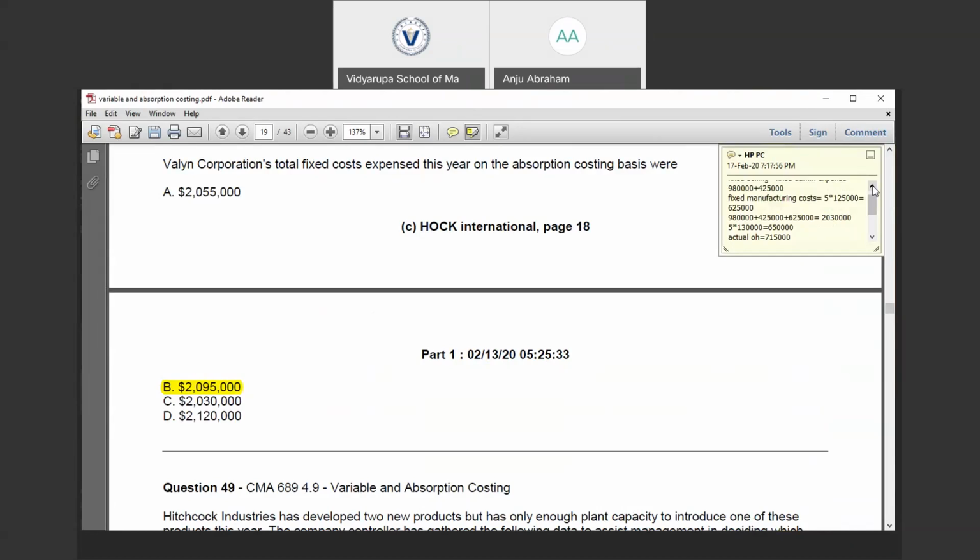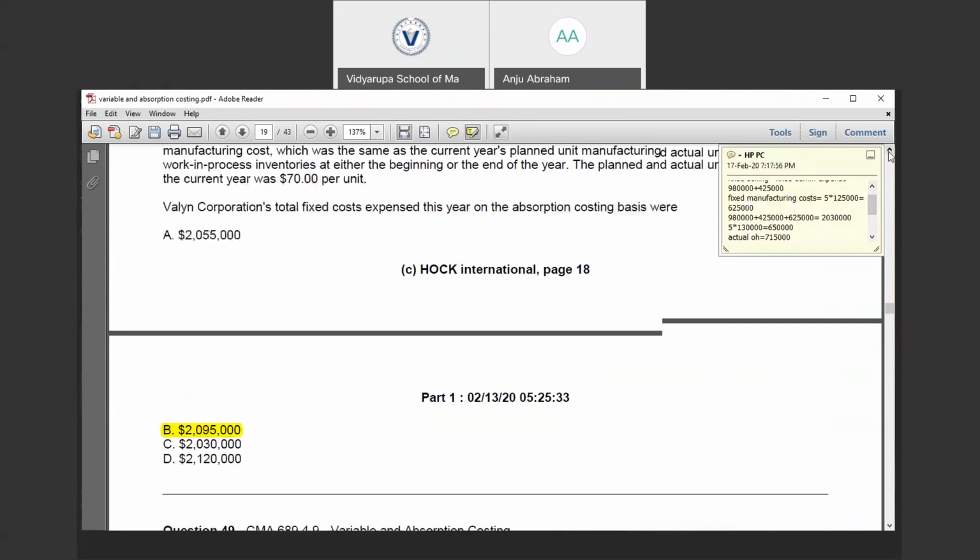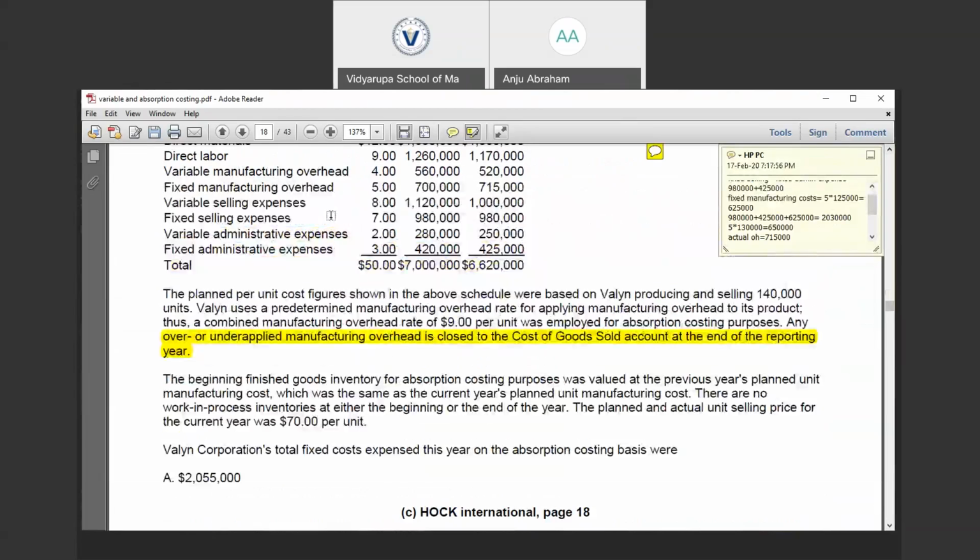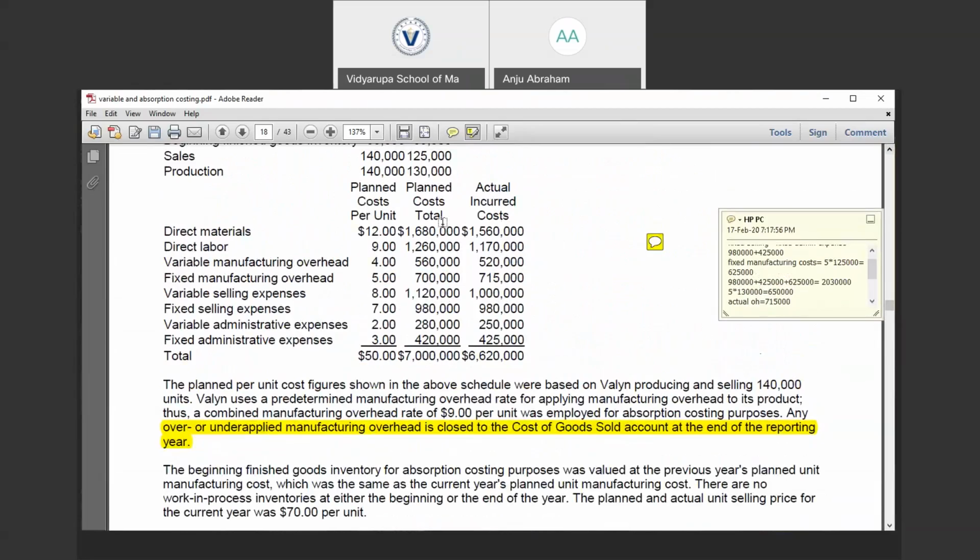So for that reason, we will be using a predetermined overhead rate to apply to the production. That predetermined overhead rate is given in our question as 5. Look, this unit variable cost is provided to us based on this planned activity level of 140,000 units. So we are given a predetermined overhead rate of 5. In this, the only thing we sold is 125,000.